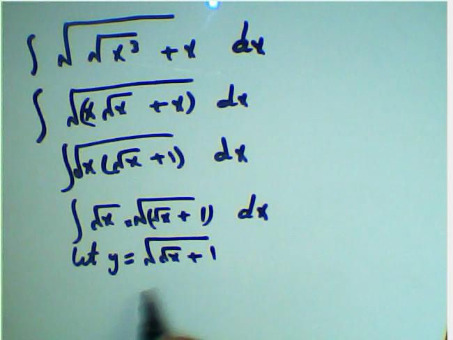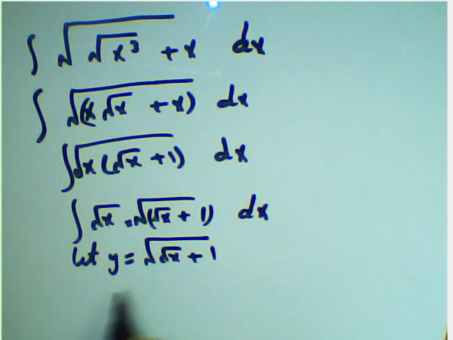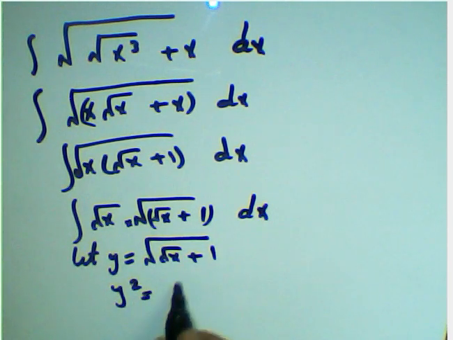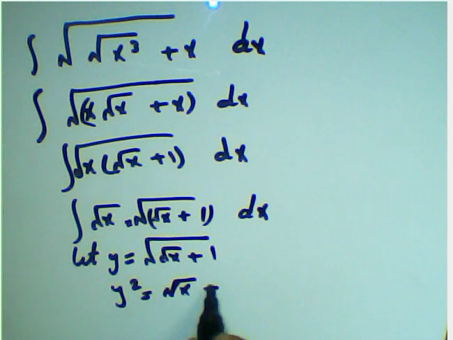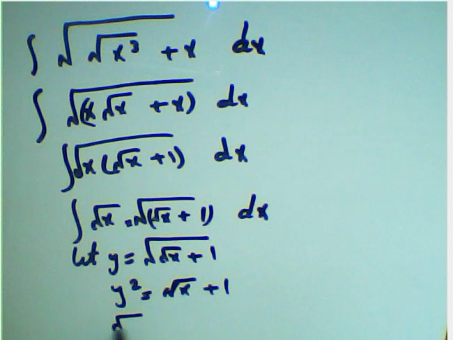And then you can find, simplify it, y power 2, it will be root x plus 1. Then root x will be y power 2 minus 1.